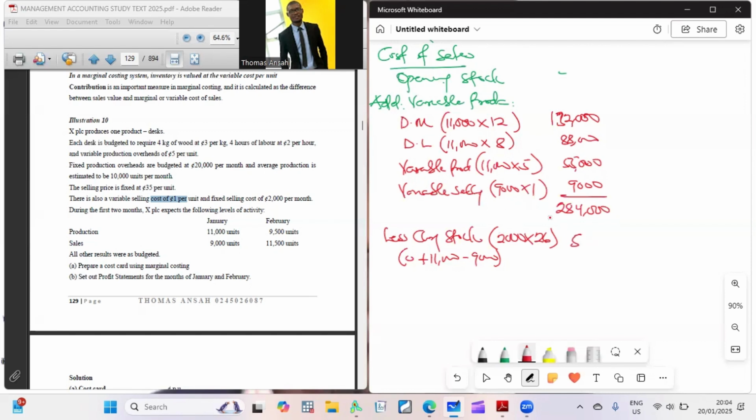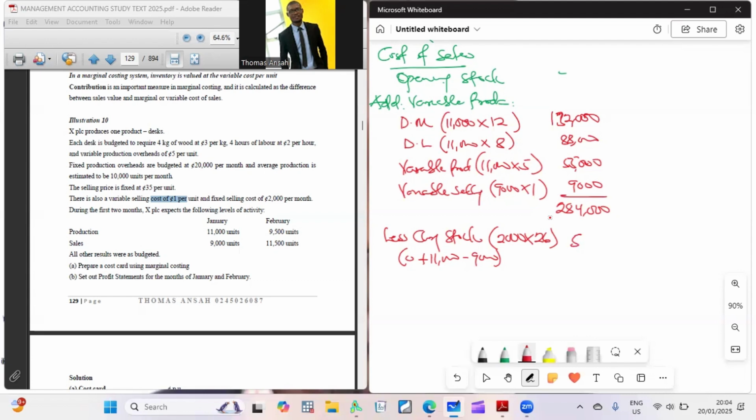But one thing you have to be careful about is the production side. We should be careful and actually split the production, because it is closing stock that we are valuing.